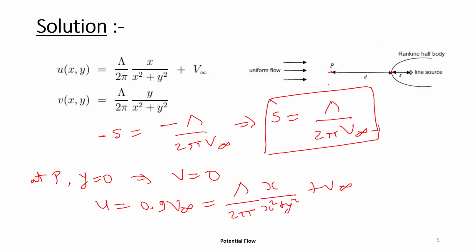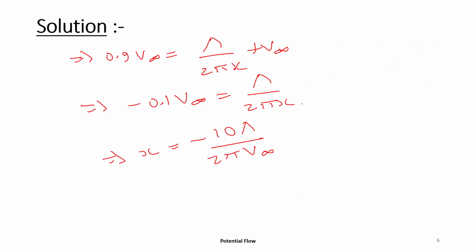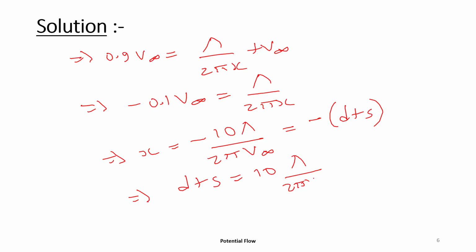Here x is the location of point P from this origin. So this distance is minus D plus S. So our D plus S will be 10 lambda upon 2 pi V infinity.